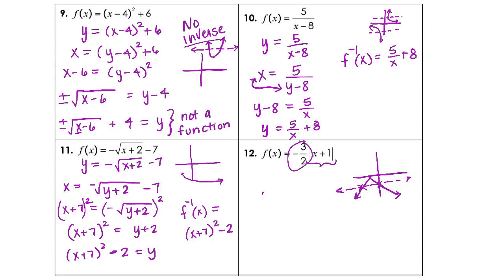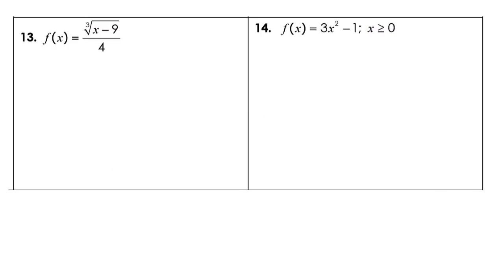So we can very quickly say no inverse here. Right? Here we have our cube root function going on. And do remember the parent function for cube root looks something like this. So this would pass the horizontal line test.